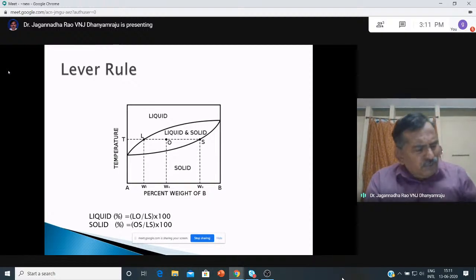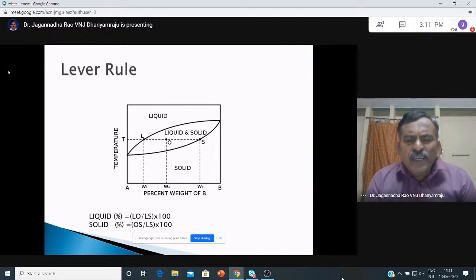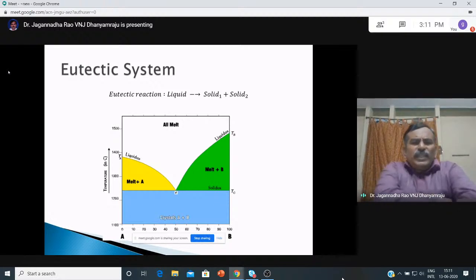Now we want the percentage of liquid and we want the percentage of solid. Okay, so to get the percentage of liquid, you use the formula LO by LS into 100, and percentage of solid is OS by LS into 100. So using this you can calculate the relative amounts of solid and liquid.